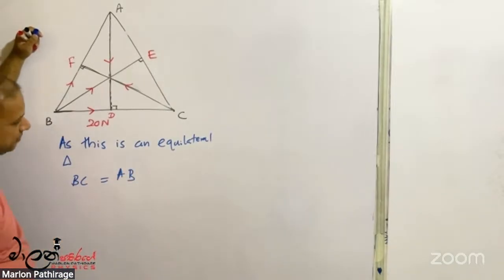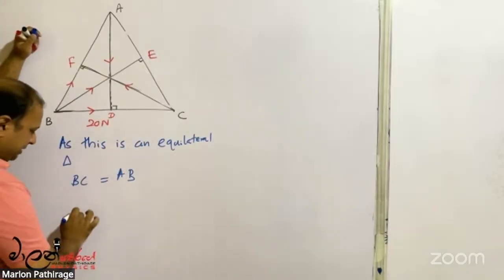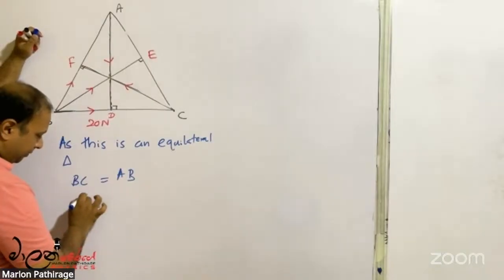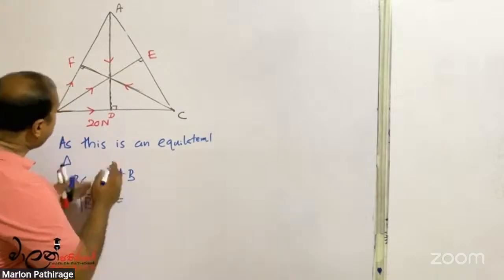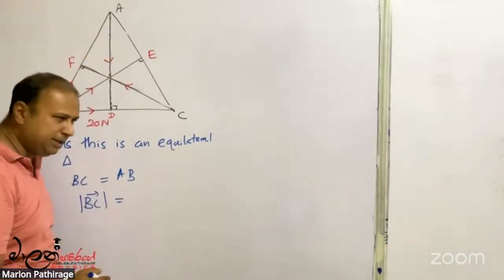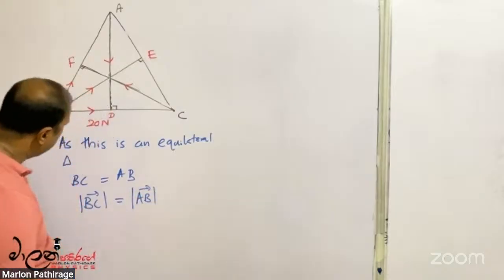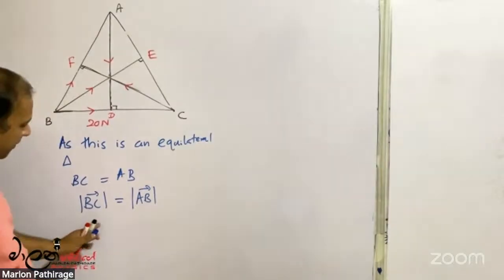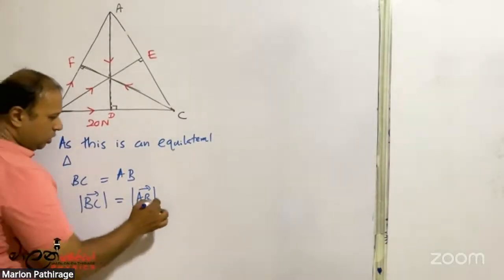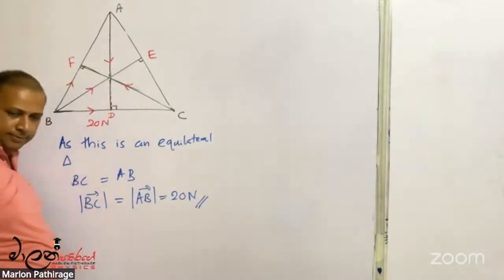BC means the magnitude of BC vector, and AB length means the magnitude of AB vector. You know the magnitude of BC vector is given, that is 20 Newton. Therefore, the magnitude of AB vector is also equal to 20 Newton.